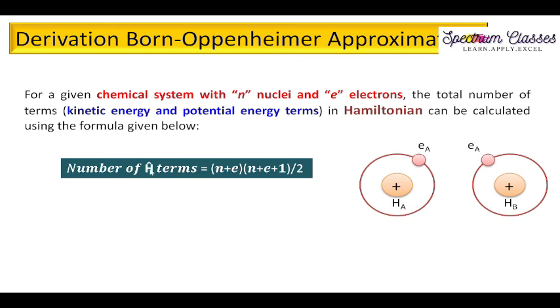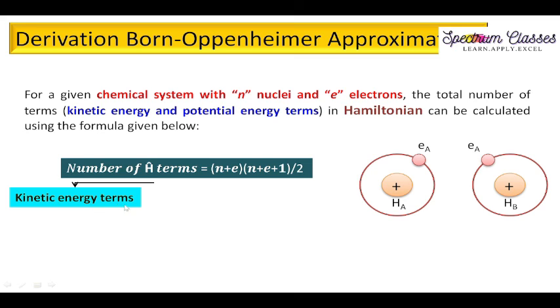Here is the formula to count the number of terms in the Hamiltonian, which is equal to (n plus e) into (n plus e plus 1) divided by 2. Here n stands for the number of nuclei and e stands for the number of electrons. So this many terms will be incorporated in the Hamiltonian, right? It is further divided into two parts.